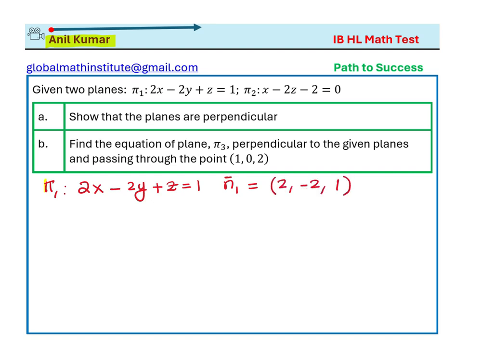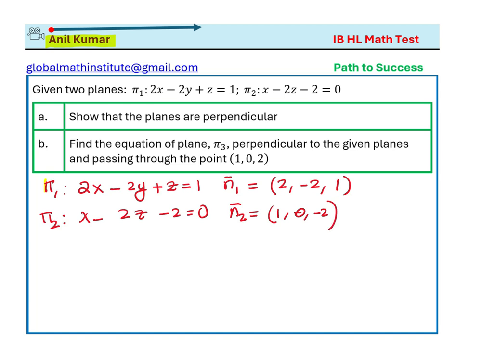Similarly, for the second plane, which is x minus 2z minus 2 equals 0, the normal for the second plane is the coefficients 1, 0, and minus 2 for z.